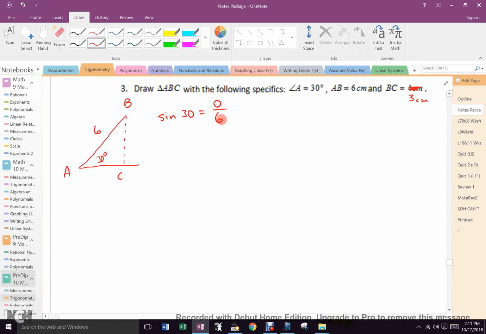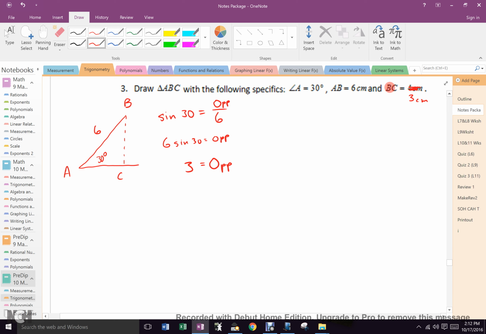Everyone agree with that? Okay, so this would be 6 sine 30 would equal my opposite, correct? Everyone good? So you do that on your calculator, and what do you find O to be? You find it to be 3. Is everyone cool with that?